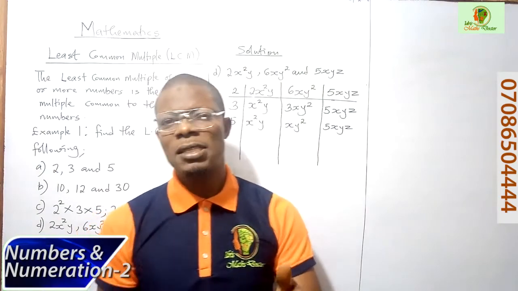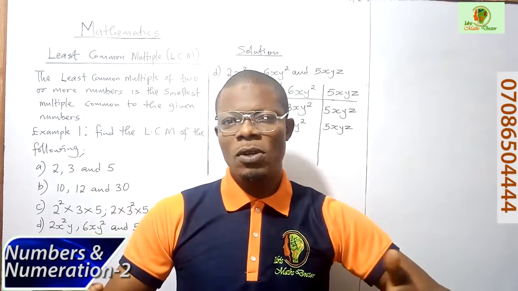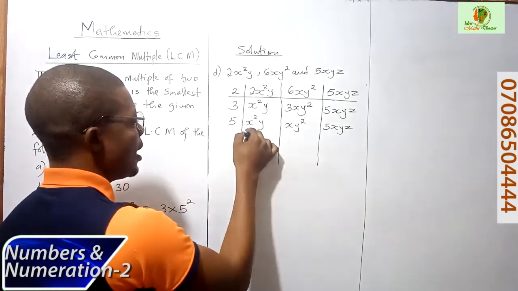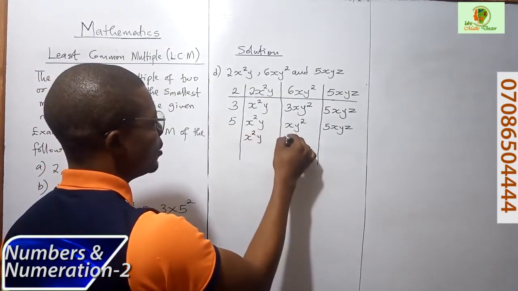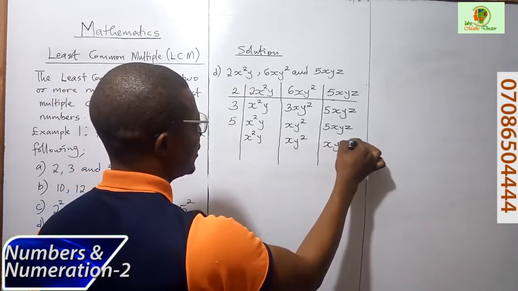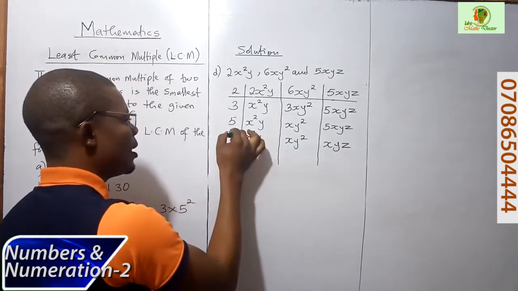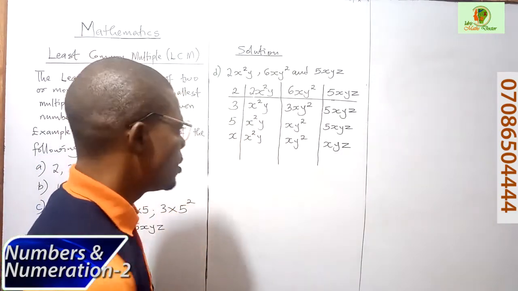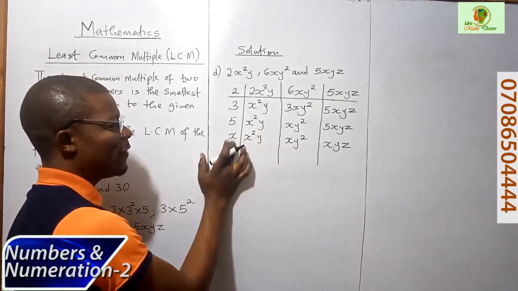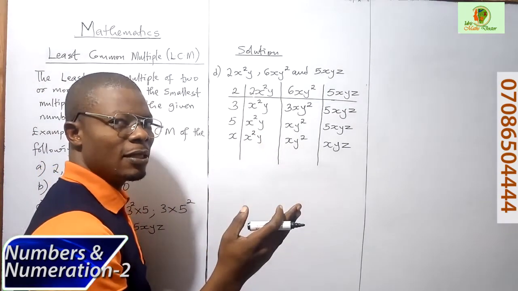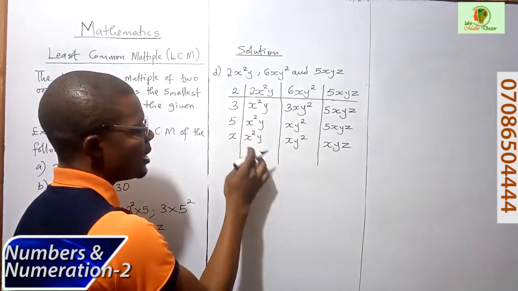Then after that, we now start dividing by what? By the variables, by the letters. x squared y, xy squared, and what? xyz. In alphabetical order, let's take x first. x squared y divided by x. This x squared means what? x times x. Okay, x squared means x times x.